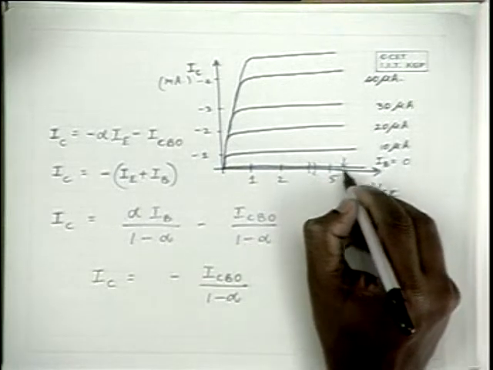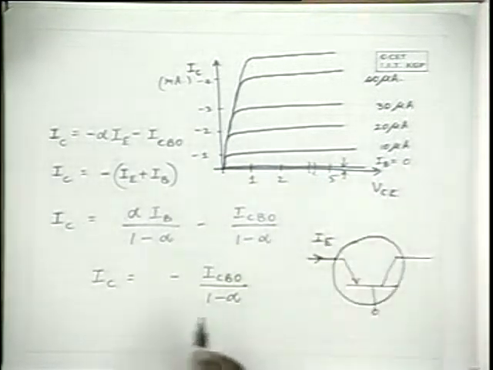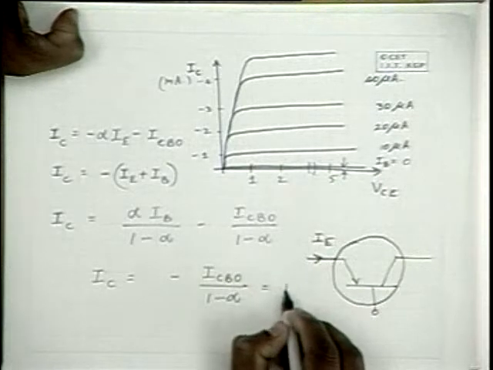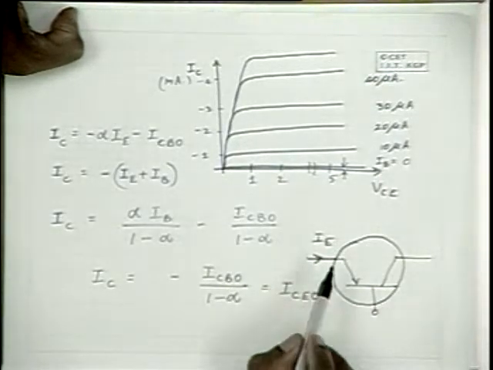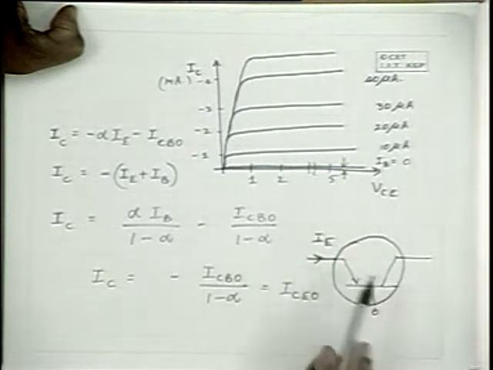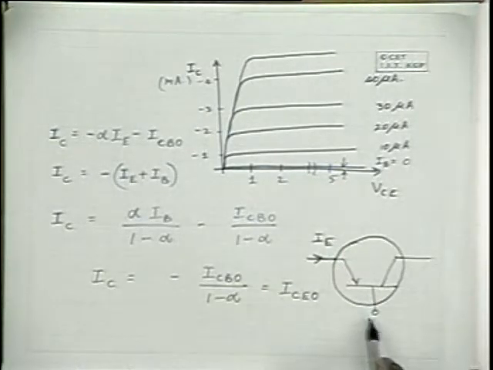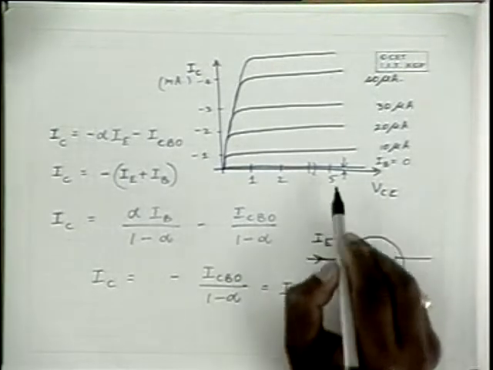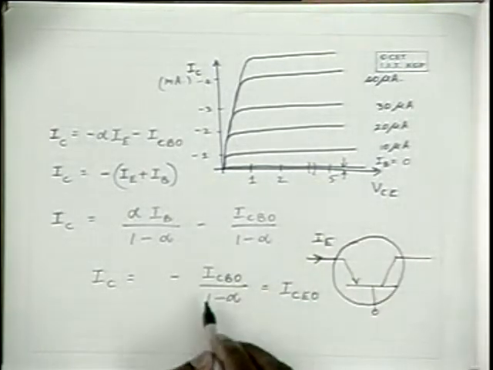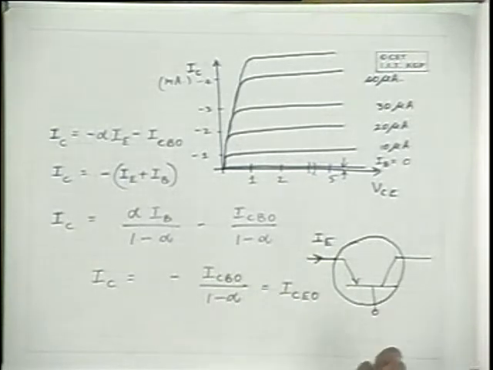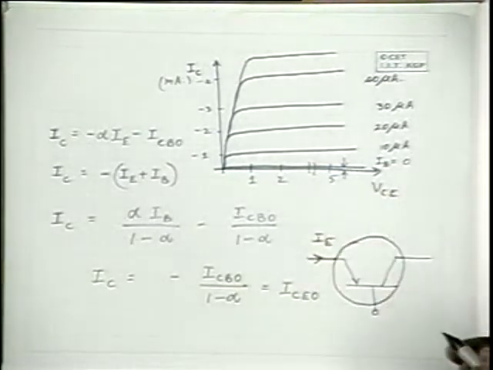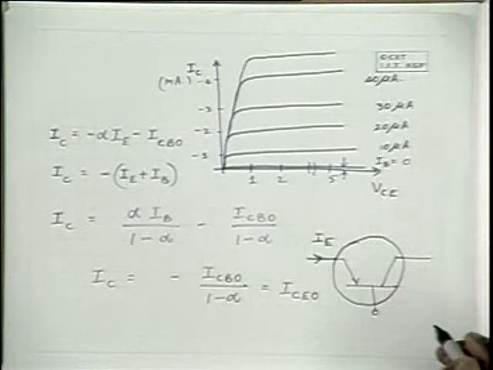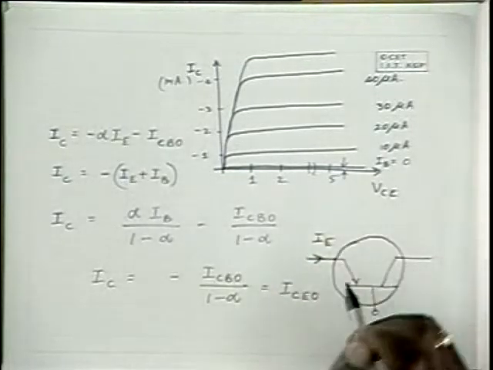This current is actually ICEO, the current going into the emitter and coming out of the collector when the base is open circuited, and this is, as I said, 1 by 1 minus alpha, a large factor multiplied by the cutoff current in the case of a common base configuration. So this current is larger than that.